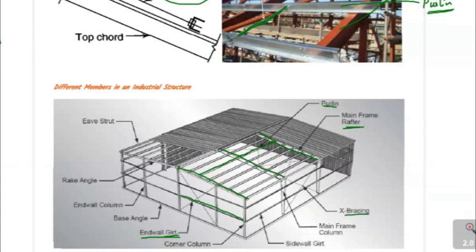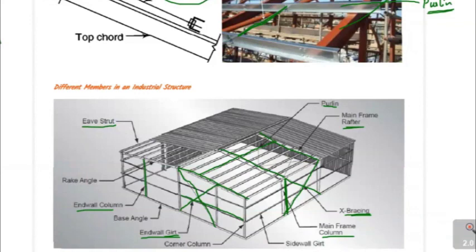And here are the bracings. As you can see, these are the bracings, and these are going to experience tensile forces or compressive forces depending upon the direction of force. And these are the end wall columns, and this is the eave strut, and this is the mainframe column.